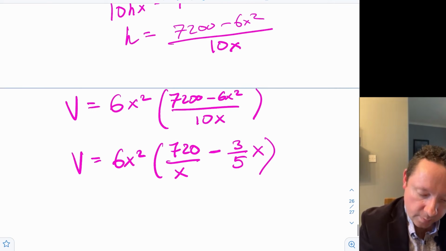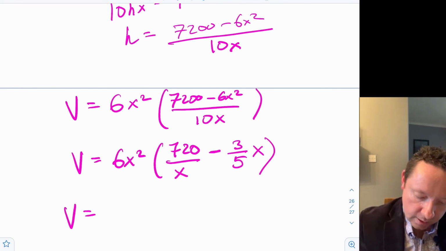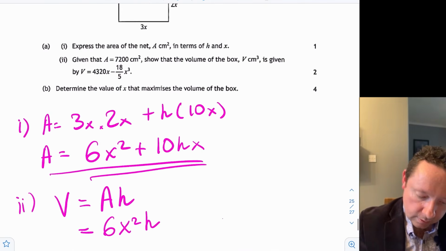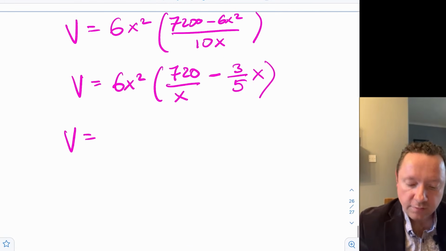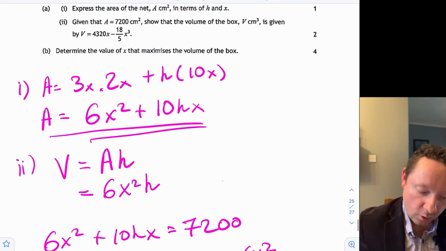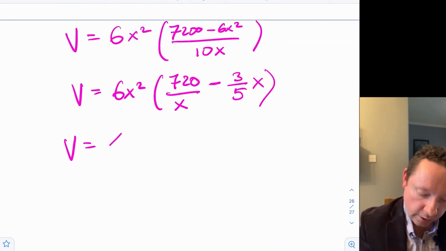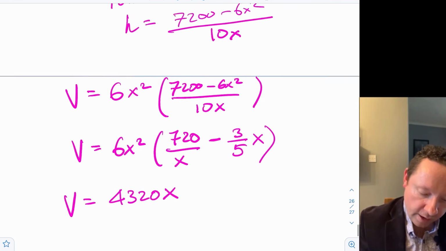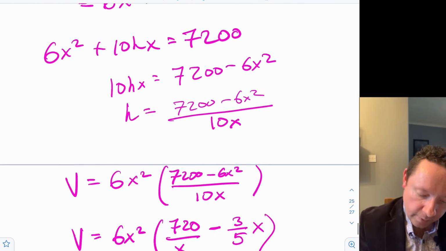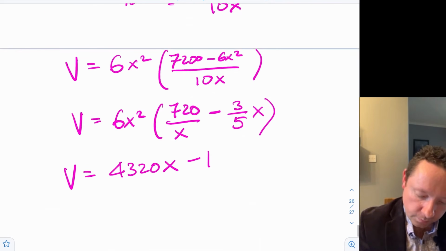So now I can expand the bracket. 6 times 720 is actually 4320. Use a calculator, so you get 4320. X squared over x is just x. And then 6 times 3 is 18 over 5. We'll just leave it like that. Yep, minus 18 over 5. And we get x cubed.